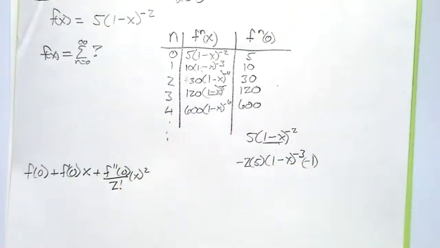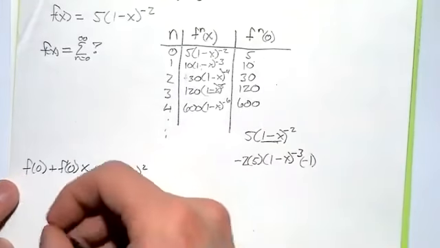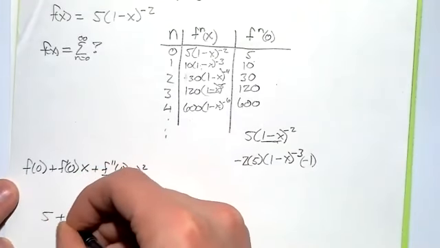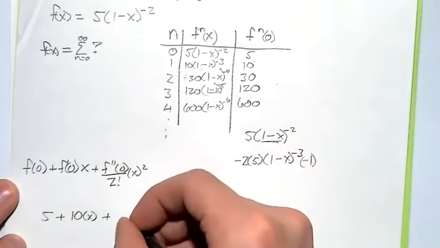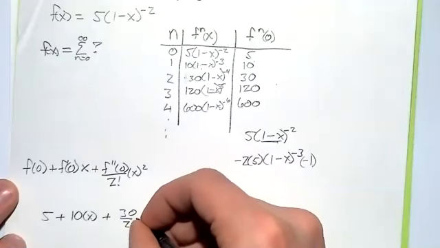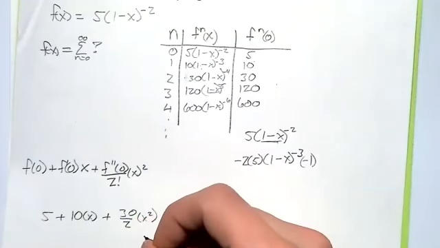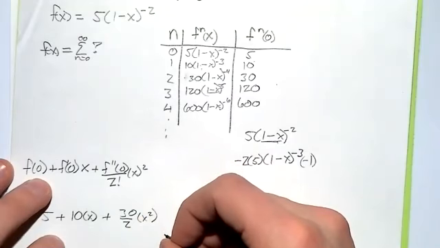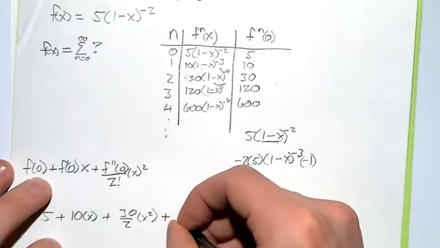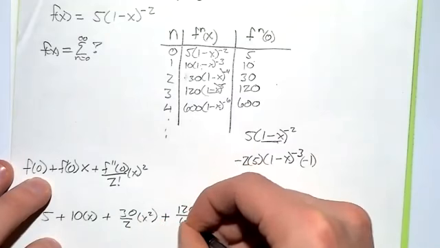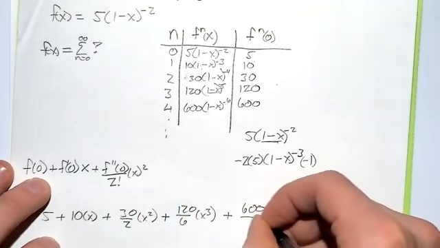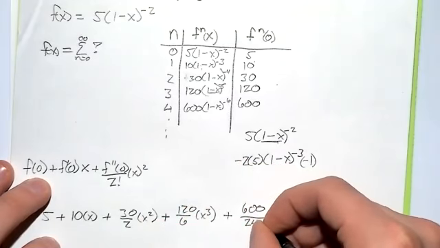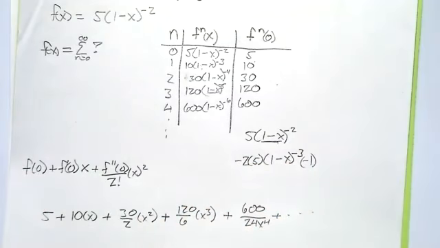So if we go ahead and write out these terms now, f of 0 is 5, so we'll have 5 plus 10x plus 30 over 2 x squared plus 120 over 6 x cubed plus 600 divided by 24 x to the fourth, and we continue out.